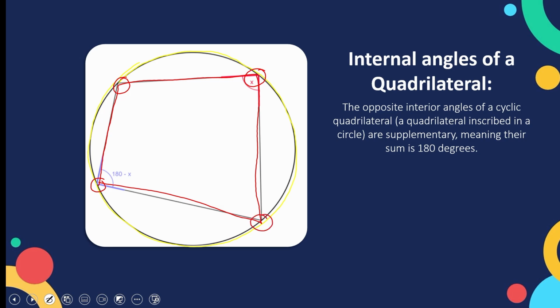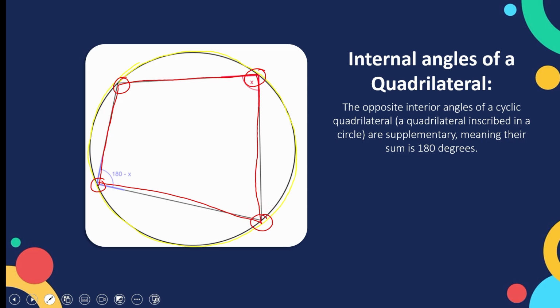And notice something very specific. The 4 points are touching the circumference. So bear in mind, a cyclic quadrilateral will always have 4 points on the circumference.